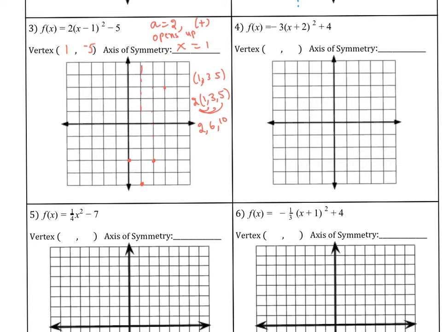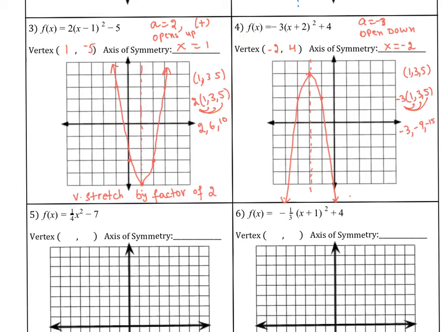Remember, this is going to be my axis of symmetry line, and I'm going to mirror the image from one side to another to graph this parabola. Remember, this is going to be a narrower graph, or it's called a vertical stretch by a factor of 2.